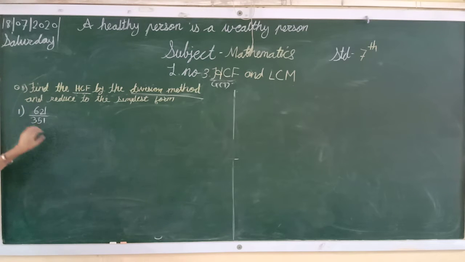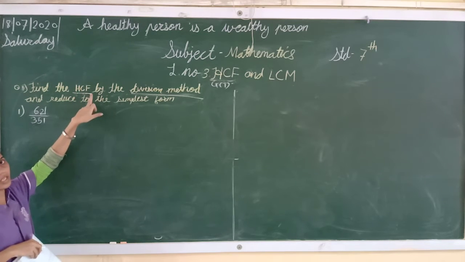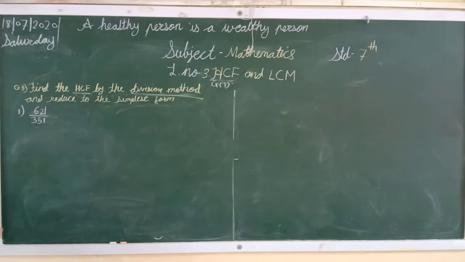Of these numbers we have to find the HCF. First, divide the greatest number by the smallest number. Here 621 is the greatest number, and 351 is the smallest number.